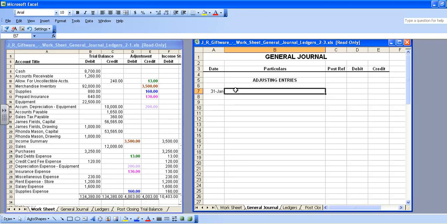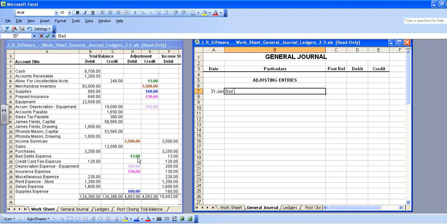We're going to get all of the information from the adjustments column, and we're going to start in our debit column because we always put the debits first. In our notes, it talks about bad debts expense first, so we're going to go down and look for bad debts expense, and there we have it. It's the $13 in green.